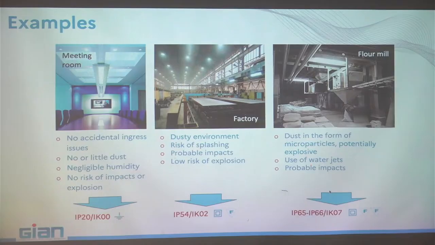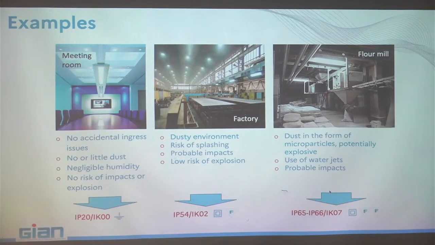And that one is a flour mill. It's also industry. You have dust in the form of microparticles, and the problem is that flour microparticles are explosive and even self-explosive. Here you have to be very careful. You can use water jets to clean the machines, and you may have probable impacts.